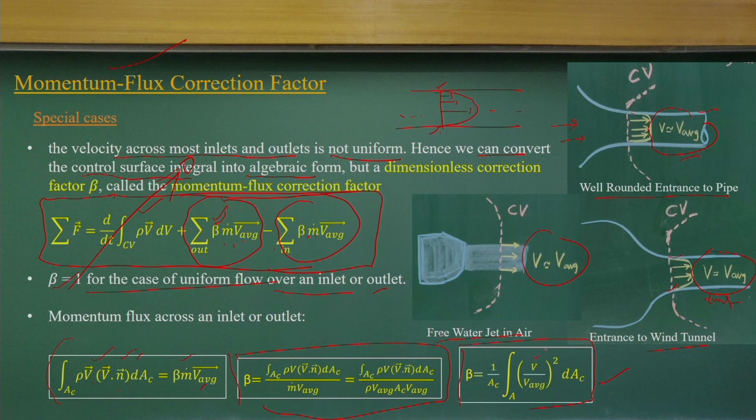If I know the velocity distribution, I know the average velocity, I do these integrations and I know the surface area, then I can compute the beta value.